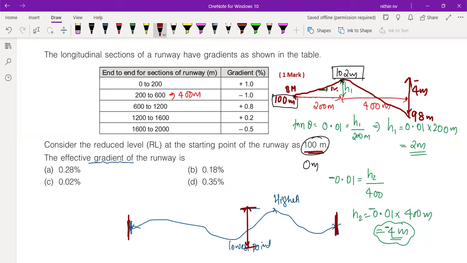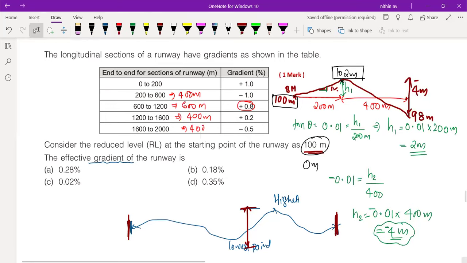Understood, guys? So like this, again, we can calculate for the next 600 to 1200, which means for the next 600 meter, it's again going upward by a percentage of 0.8. And in the next 400 meter, again, it's going upward. And in the next 400 meter, again, it is coming down like the second one, like that.